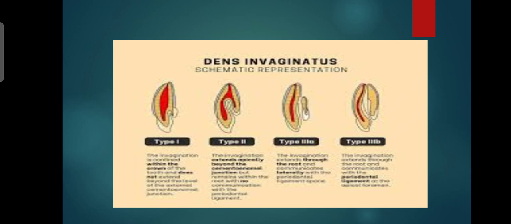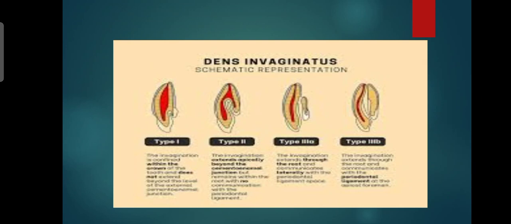Now, there are basically types based on the severity of invaginatus. In type 1, the invagination is confined within the crown of the tooth, just the crown, and it does not extend beyond the level of the cemento-enamel junction. In type 2, it extends apically beyond the cemento-enamel junction but remains within the tooth with no communication with the periodontal structures or periodontal ligament space.